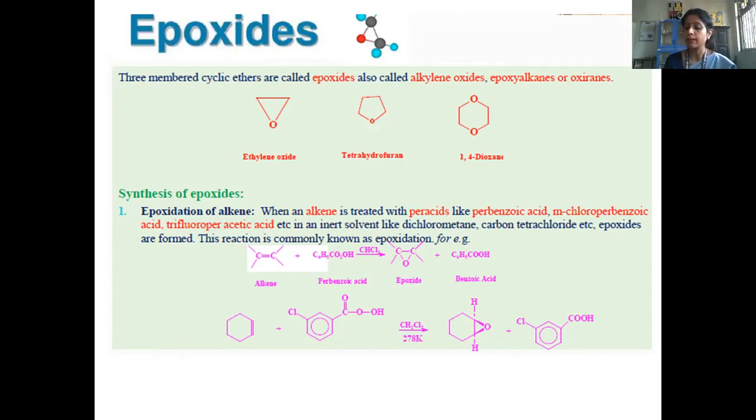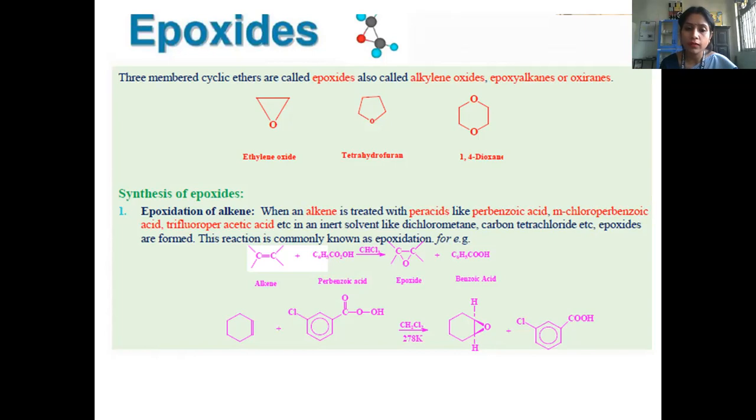A per acid is like, see, there is a carboxylic acid, like CH3COOH or C6H5COOH. When there are additional oxygen atoms, so instead of 2 oxygens there are 3 oxygen atoms, then it becomes not a carboxylic acid but a per acid, like perbenzoic acid, metachloroperbenzoic acid, trifluoroperacetic acid.